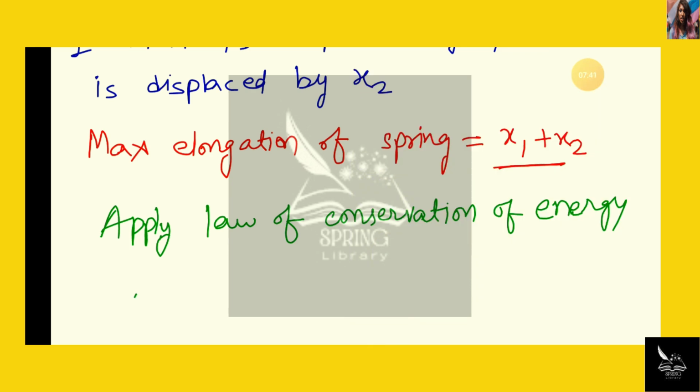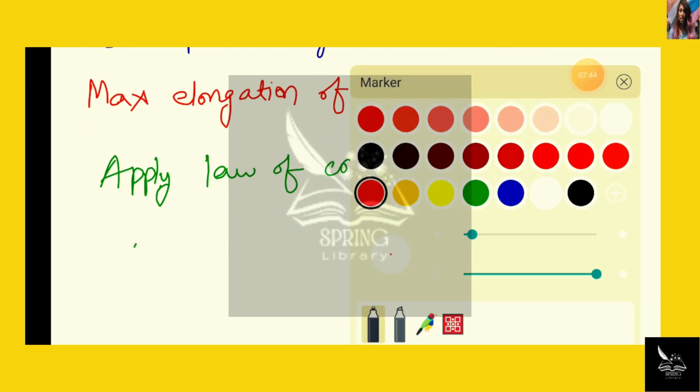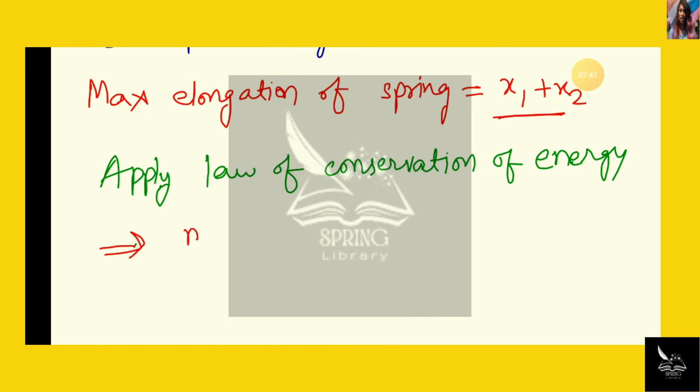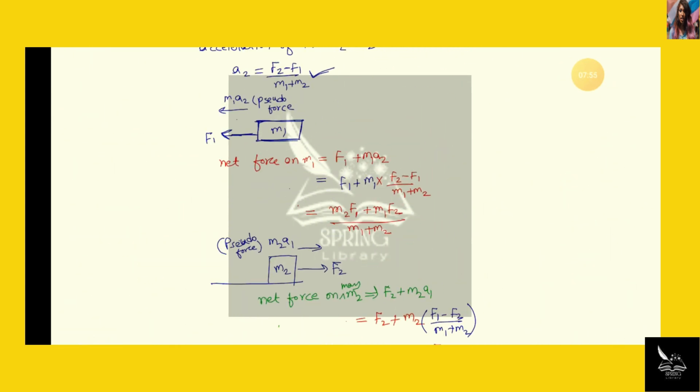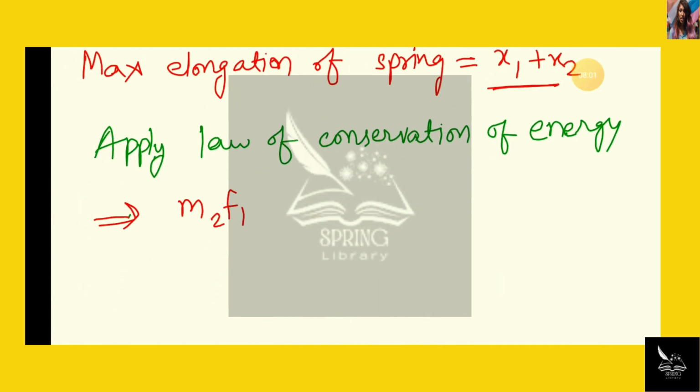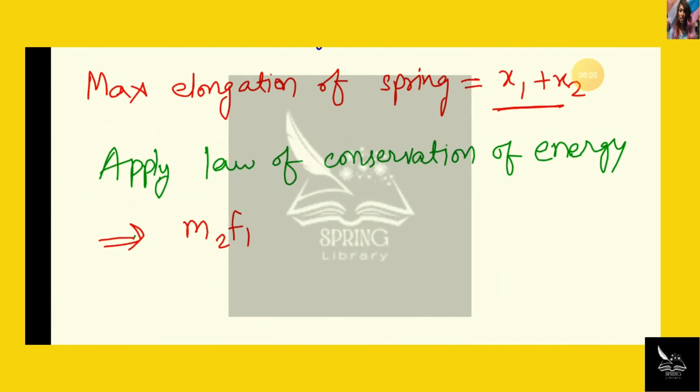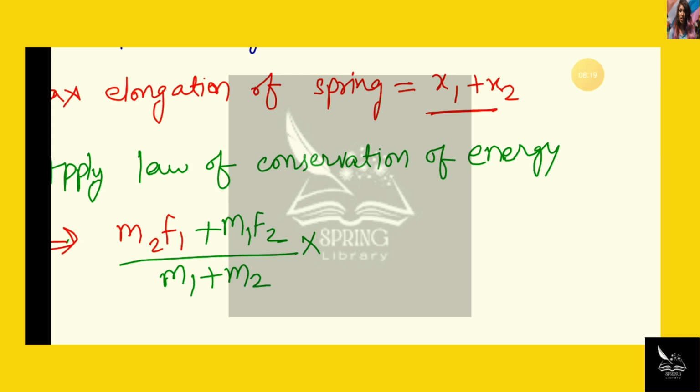On the left side I will write the work done by the force, which is the net force for the first block, m2 F1 plus m1 F2 divided by m1 plus m2, multiplied by the distance I assumed, x1, so that I get the work value for the first block.